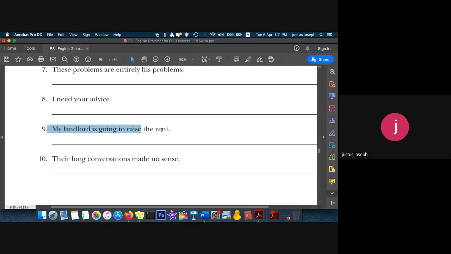My landlord is going to raise the rent. Mine is going to raise the rent. So when will you say these? These are generally dialogues, when you are in a conversation. Your friend possibly said this, my landlord is going to raise the rent. So how will you respond?